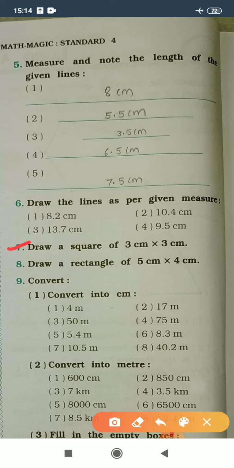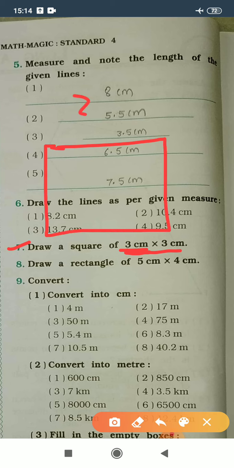Question number 7. Draw a square of 3 centimeters multiplied by 3 centimeters. So what do you mean by 3 centimeters multiplied by 3 centimeters? The sides of the square should be 3 centimeters. That means 3 centimeters, 3 centimeters, 3 centimeters and 3 centimeters. So this square is of 3 centimeters.